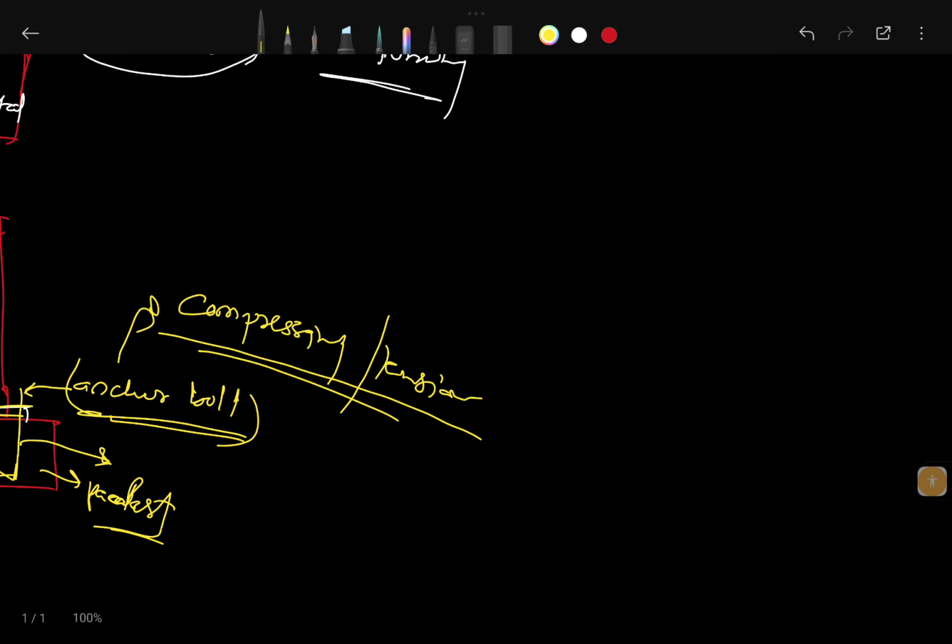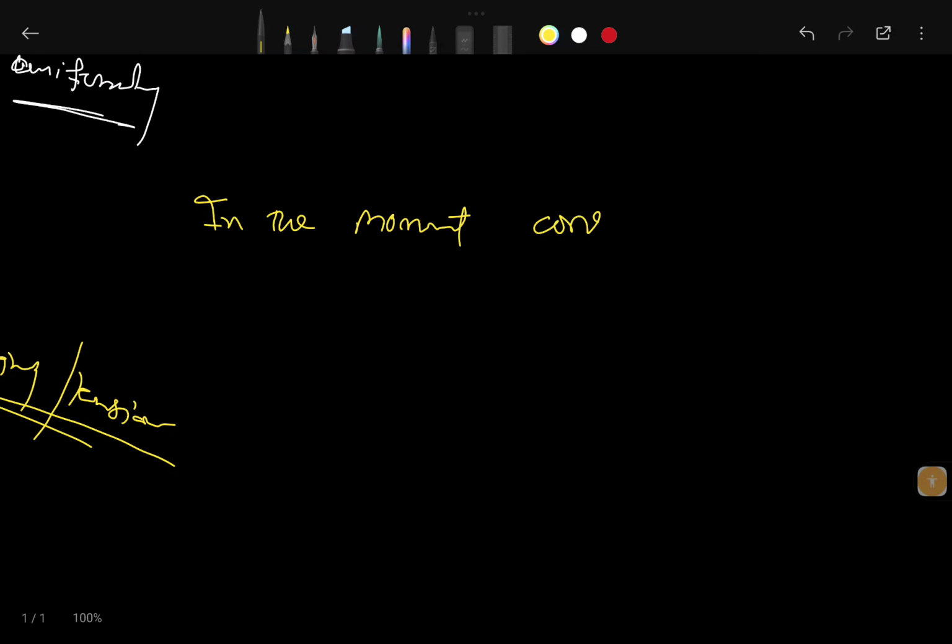Suppose, in the moment consideration, if we consider the moment applied on the structure, that moment is divided into two types.